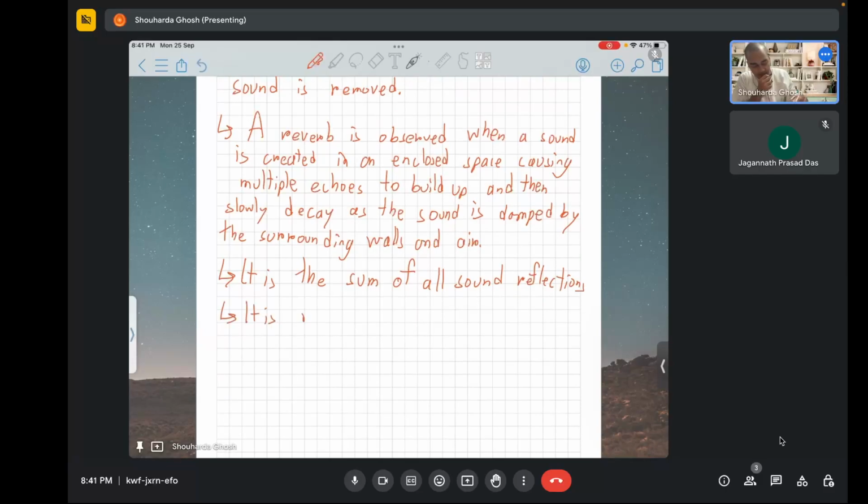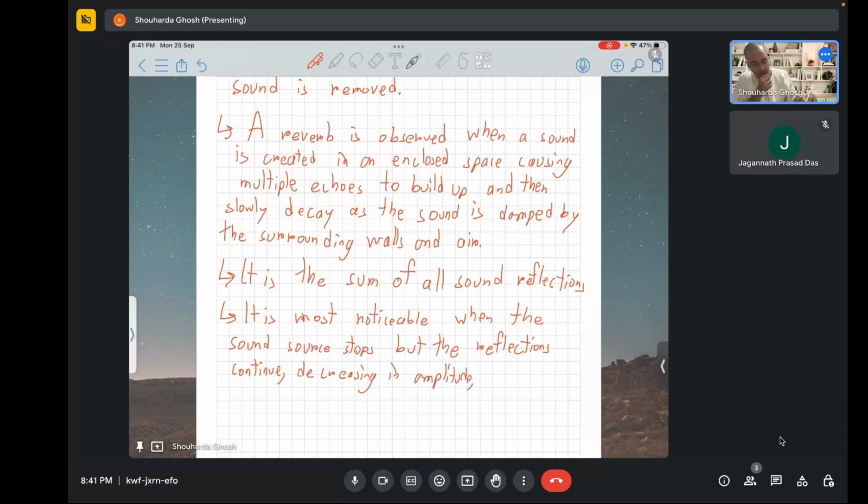It is most noticeable when the sound source stops, but the reflections continue, decreasing in amplitude until they can no longer be heard.